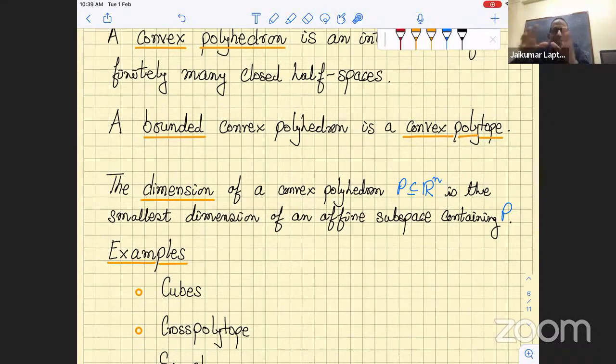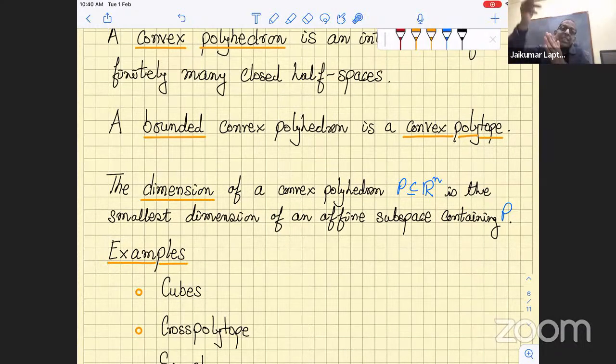And then when you intersected, you might have got a little pentagonal shape inside this plane. Then we say that the dimension of this polyhedron is 2, even though you are sitting in a 3-dimensional space. And maybe in the end, there were some more intersections, and all you were left with was a line inside this plane.